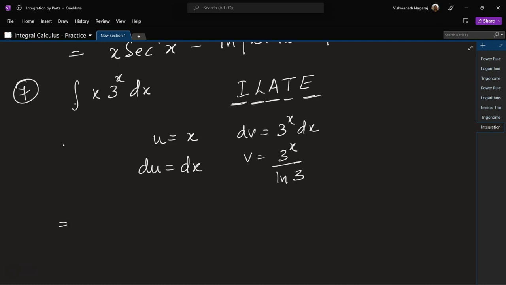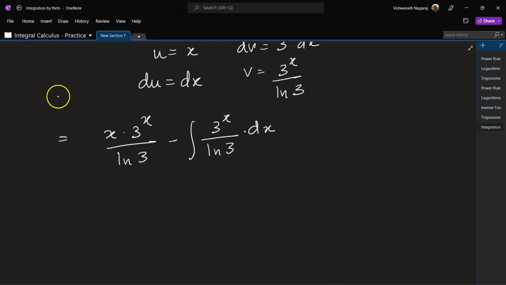Okay, so now that we have all the parts in place, uv, so x times 3 to the power of x by natural log of 3 minus integral of v du. So 3 to the power of x by natural log of 3 times dx. Okay, so now x 3 to the power of x by natural log of 3 minus, this is a constant, so natural log of 3 we take it out.